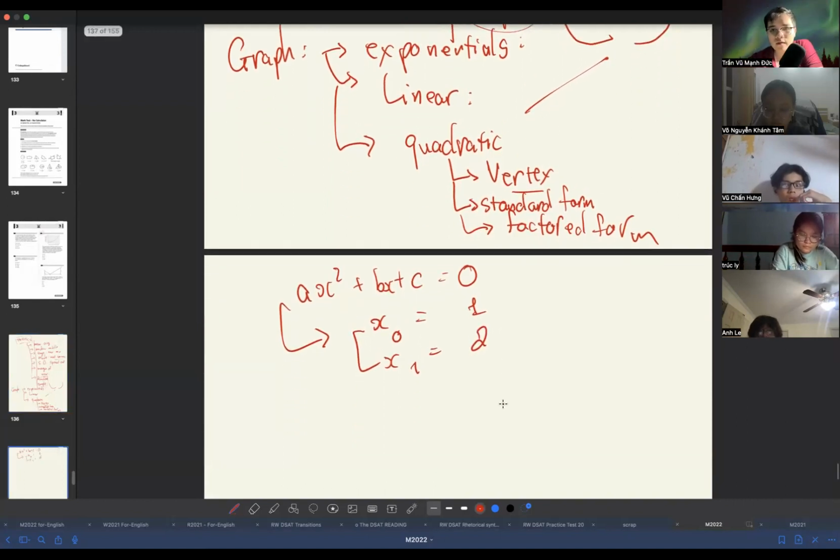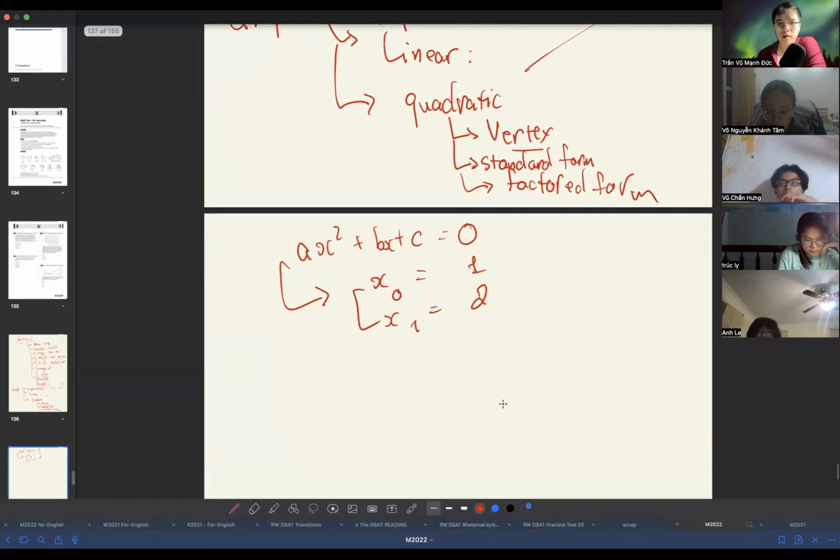When I want to give the factored form, it will make clear the solutions, so the solutions appear inside the equation. It will be brought to this: a(x minus x0)(x minus x1) equals 0.